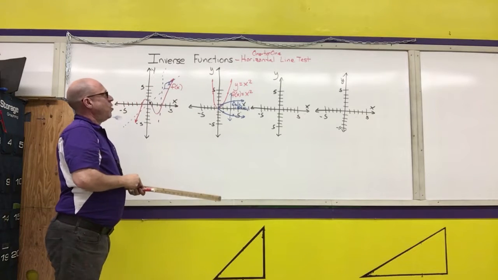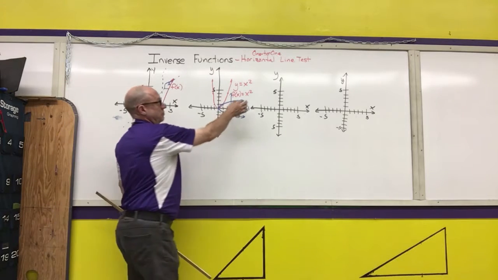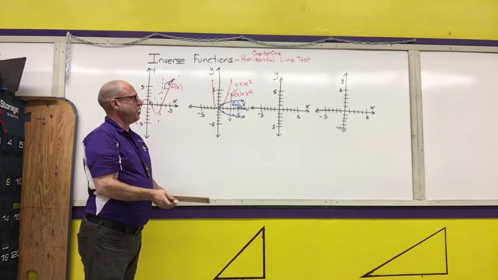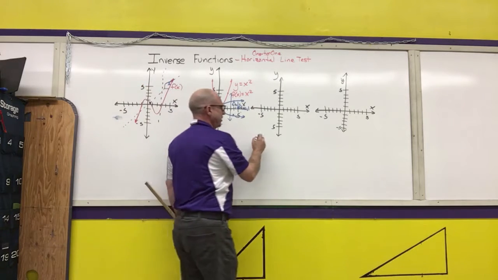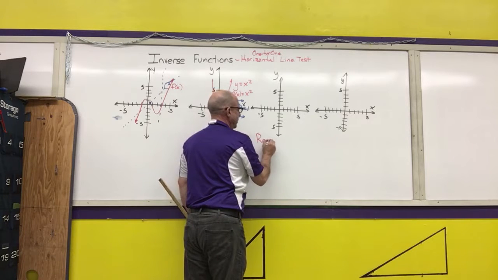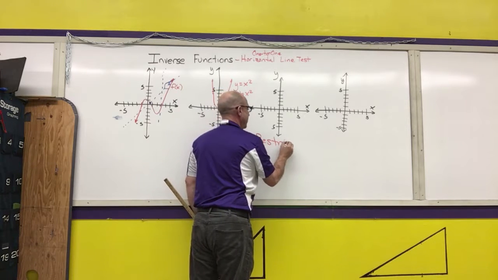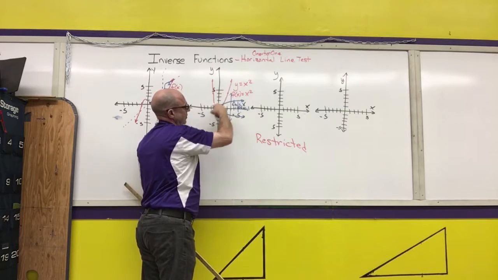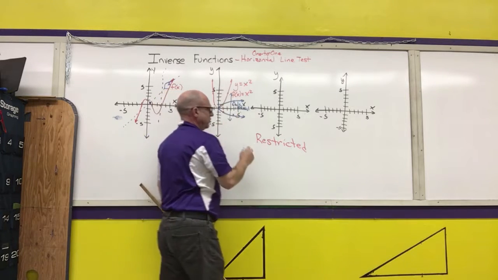So we have to have a way to actually think about the squaring function and the square root function being inverses of each other. And the way we do that is we restrict the domain of the squaring function to be x's greater than or equal to 0.